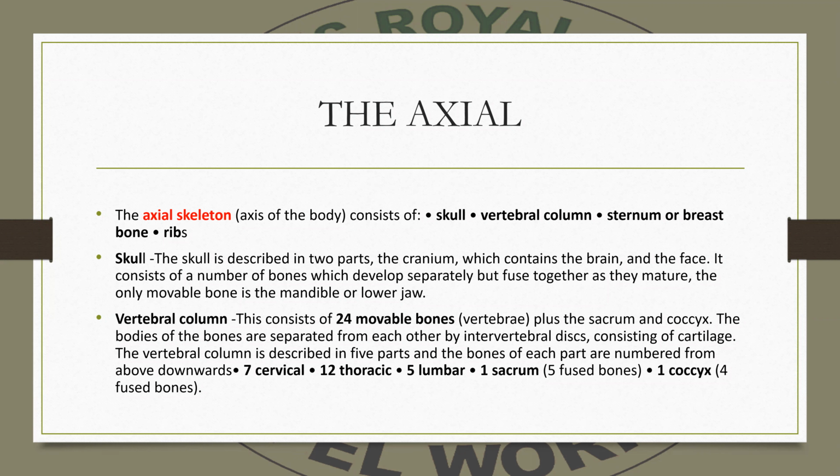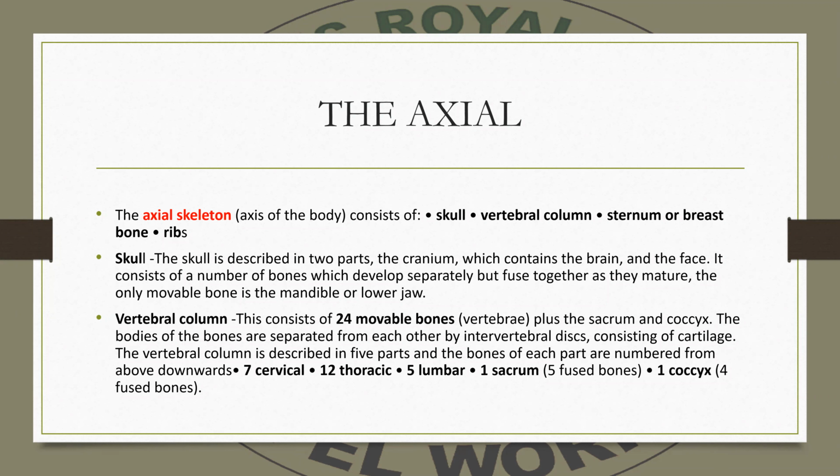Then we have the vertebral column, known as the spine, which has a total of 24 movable bones divided into 5 major parts: the cervical bones, the thoracic bones, the lumbar bones, the sacrum, and then the coccyx. The cervical bones are the ones that you feel behind your neck.